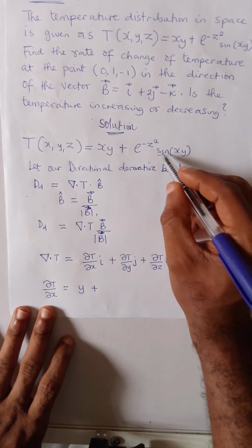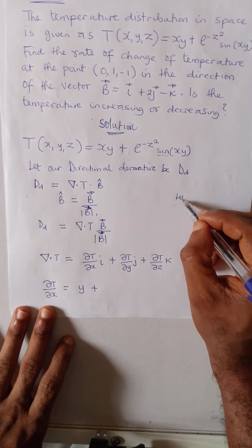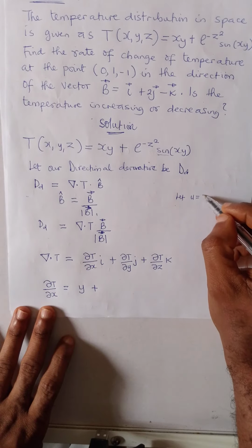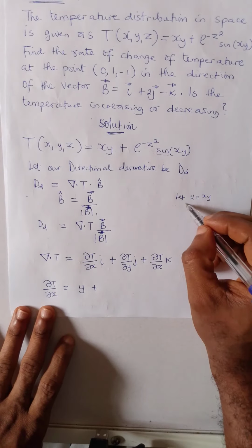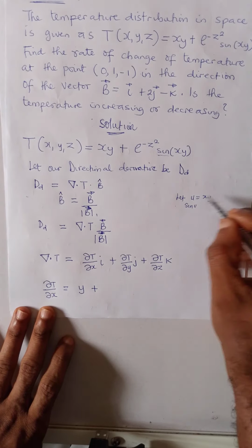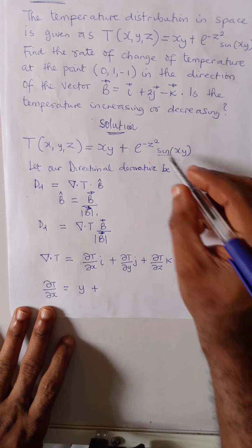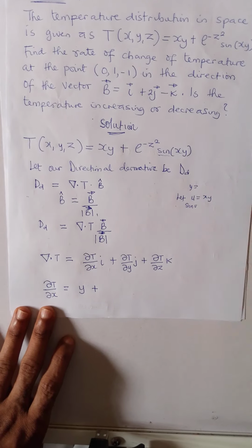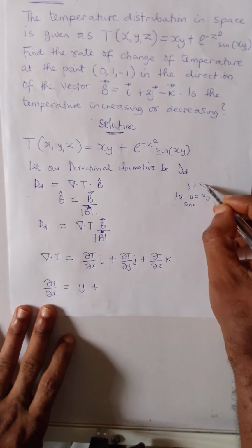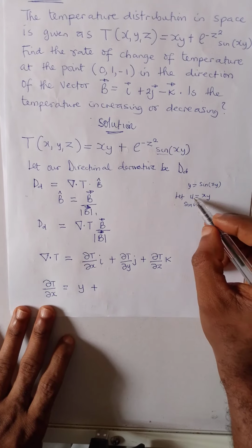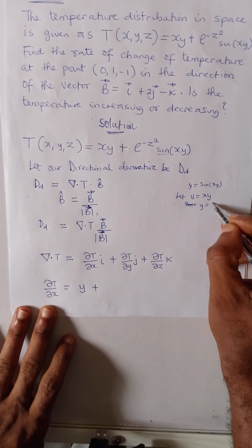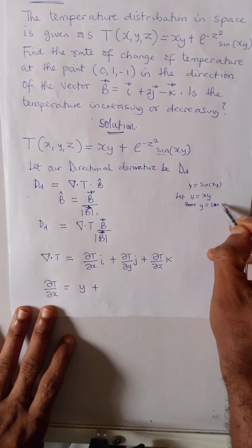So at this point, let u equal xy. If we make y equal to sine of xy, and we say that u is equal to xy, it means our y here will be equal to sine u.